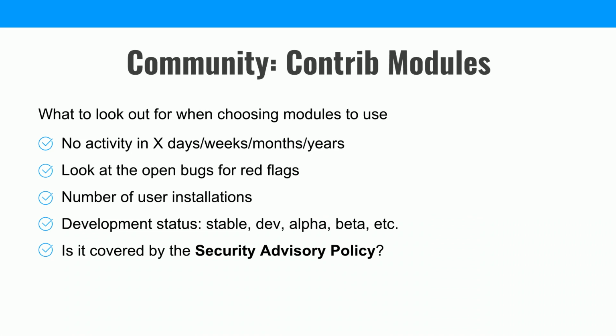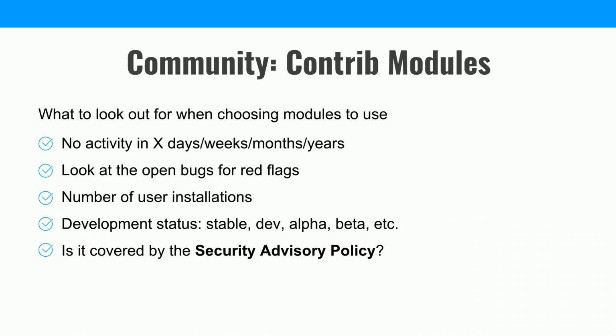So something I've worked with our developers on at NCEI is we've developed a process and a procedure for selecting modules for use in a Drupal website, and some things to look out for when you're looking at modules that you might want to use, such as how long ago was it last updated?